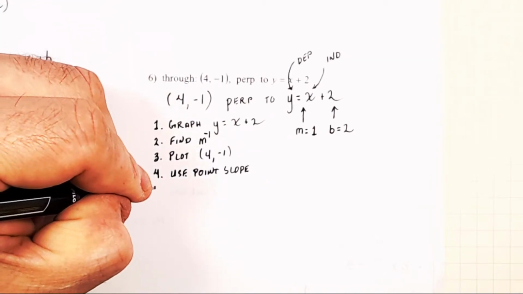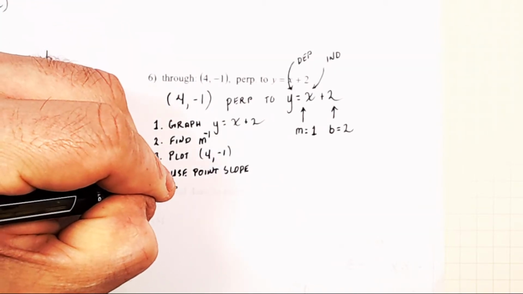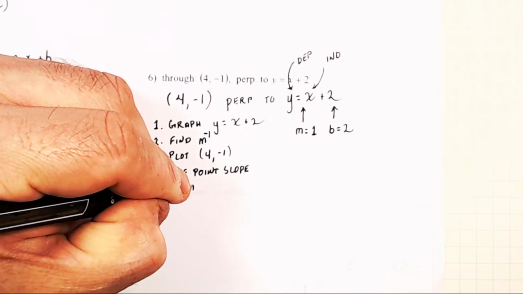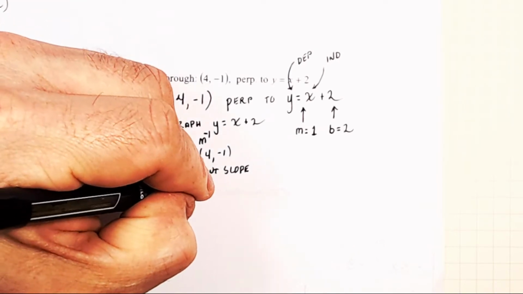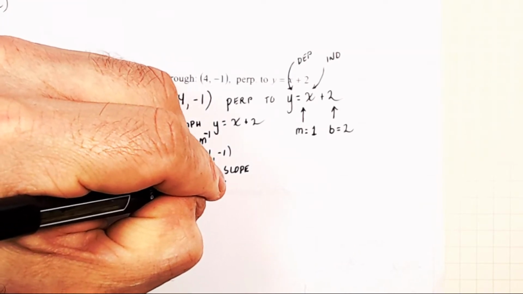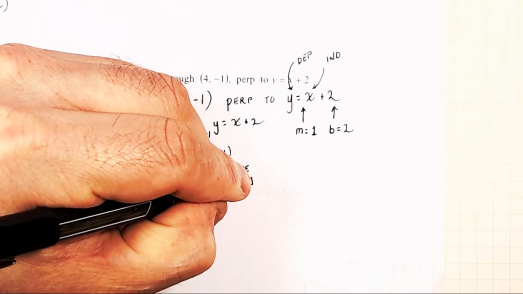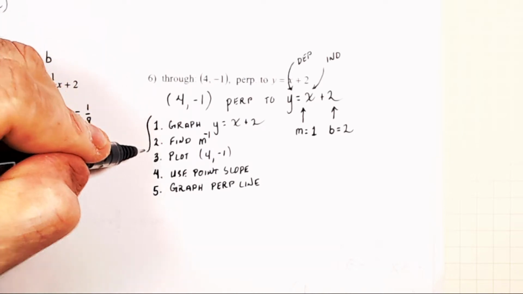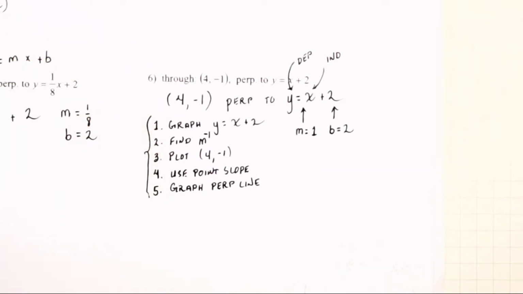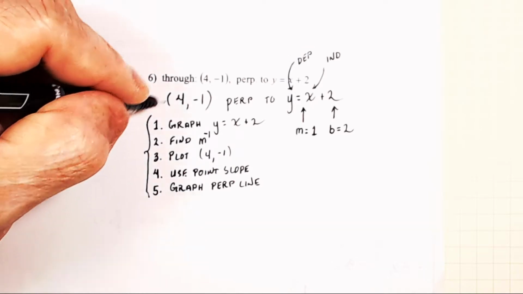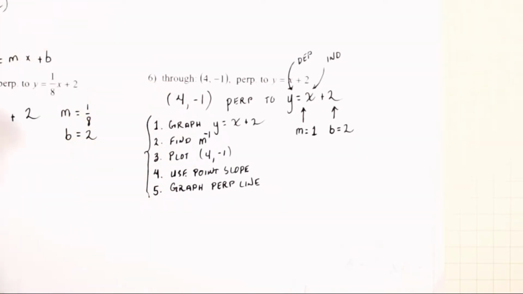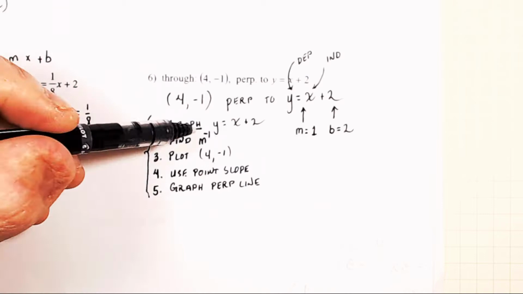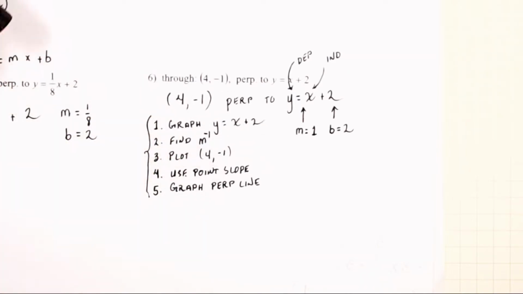And then finally, I'll graph the perpendicular line. So this is our procedure for these perpendicular problems. So we're going to go through and we'll check these off as we go. So first, let's graph y equals x plus 2.